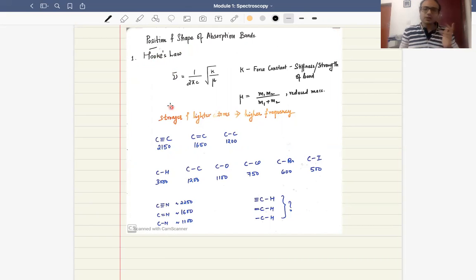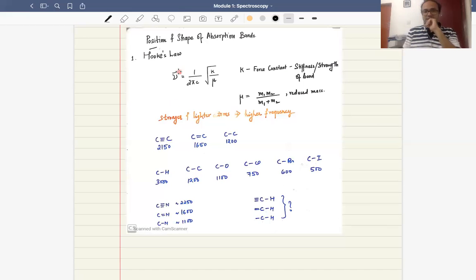If you have gone through your complementary physics classes, you might have seen the action of springs. When we started infrared spectroscopy, I told you that you can consider the bonds to be like springs. They are always in constant motion. So we can apply Hooke's law here as well to any particular bond.